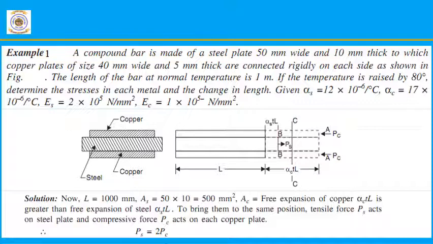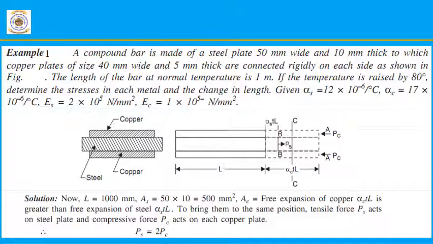Therefore, to bring them to the same position, suppose CC is my reference plane, or the actual plane of the expansion, so we need to apply the compressive load to bring these copper plates to this reference plane, and for the steel we need to apply the tensile load to bring the material to this actual reference plane.